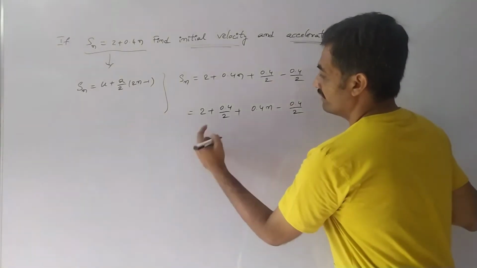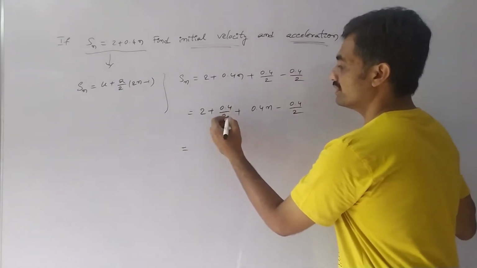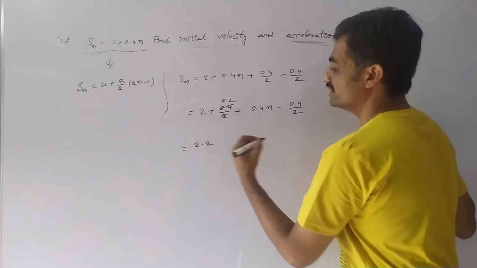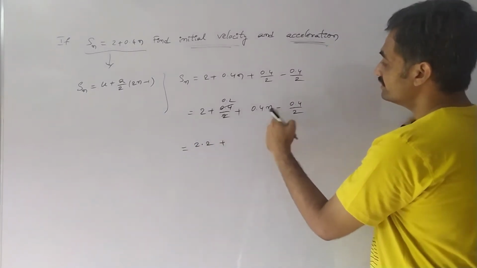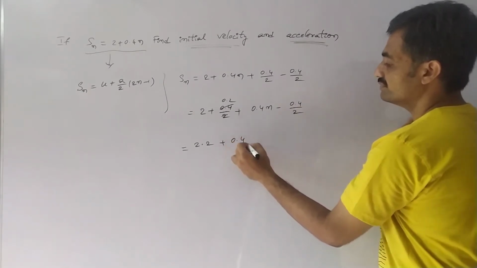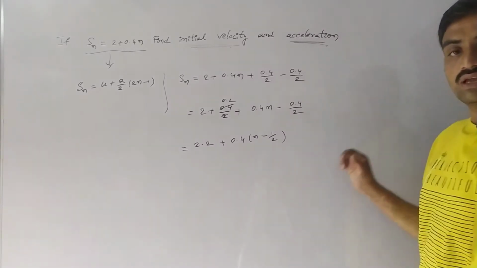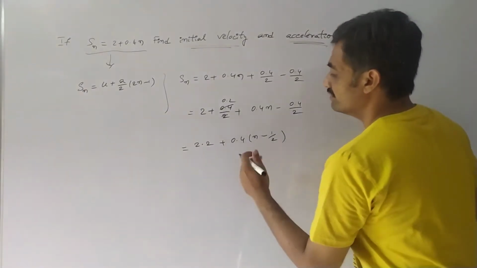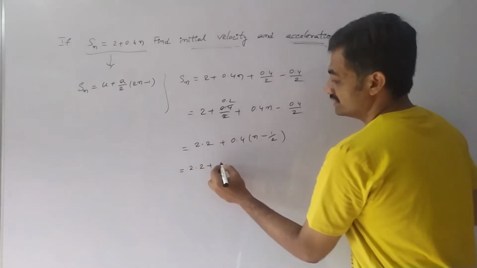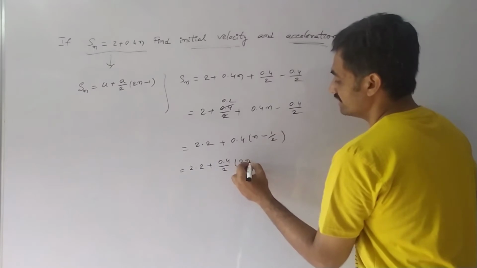Here 2 plus 0.4 by 2 is nothing but 2 plus 0.2, which gives 2.2. Then from the remaining terms we can take 0.4 as common, giving 0.4 into n minus 1 by 2. If we take 1 by 2 as common, we have 2.2 plus 0.4 by 2 into 2n minus 1.